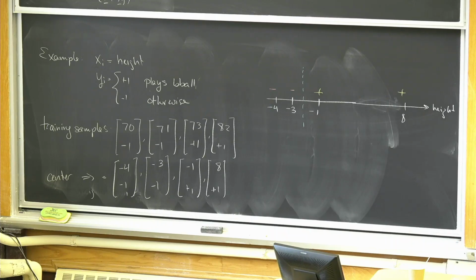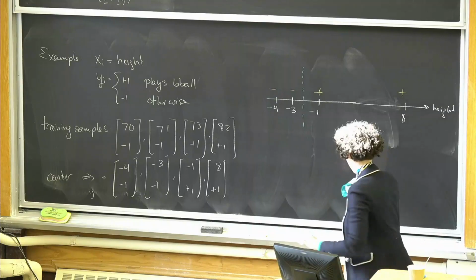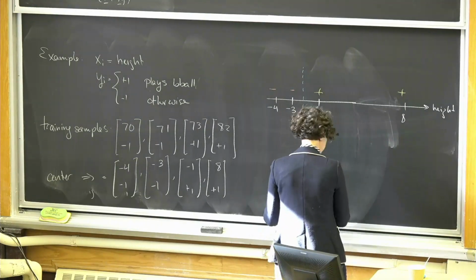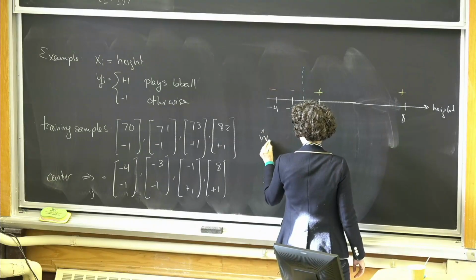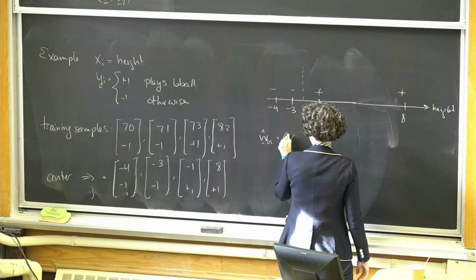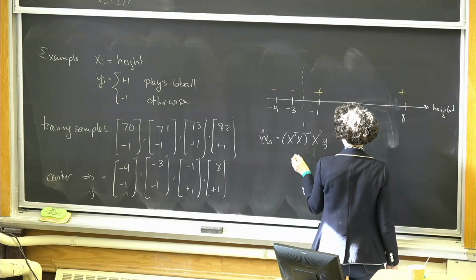But if we were to take this training data and do least squares, we actually get something different. We've got our formula for least squares: remember, it's (X transpose X) inverse X transpose y.